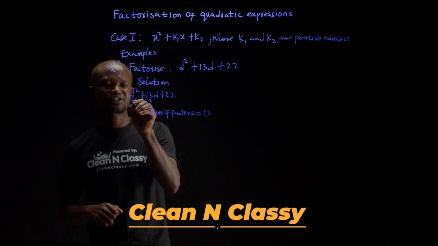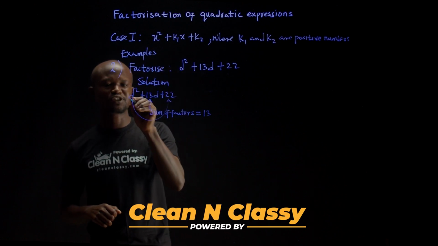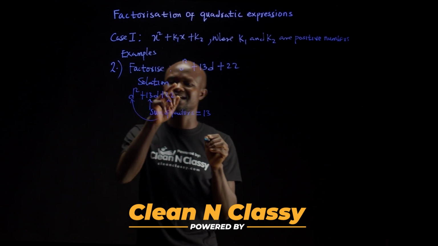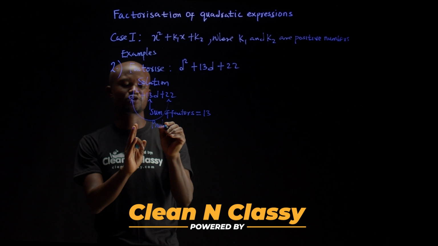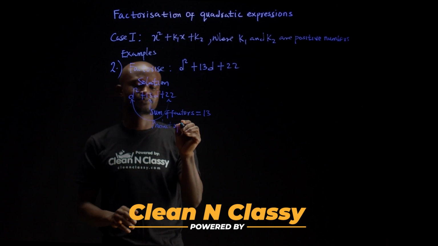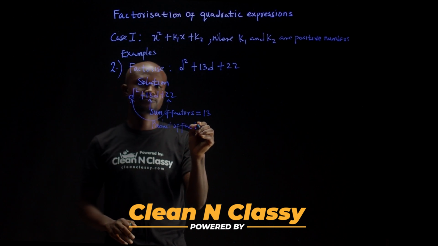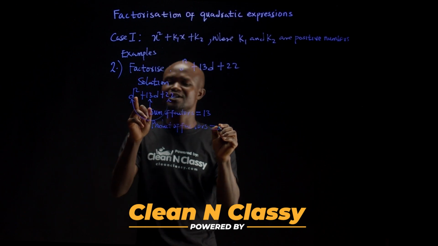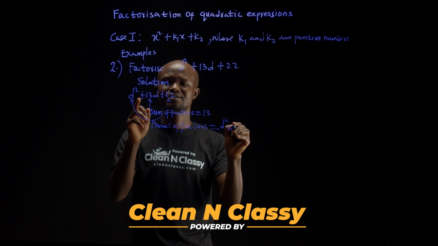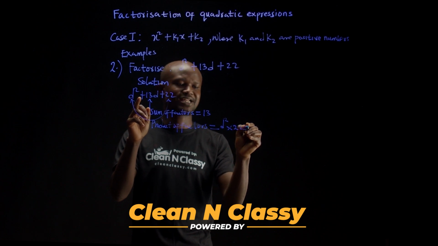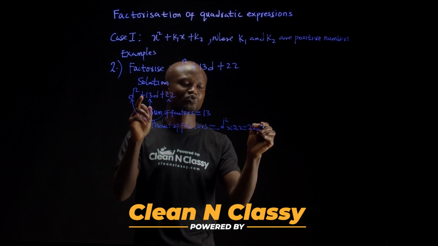And the product, by the time you multiply the first and the last one together, will give us the product of factors. And the product of factors is going to be what? d squared times 22. That's 22d squared.